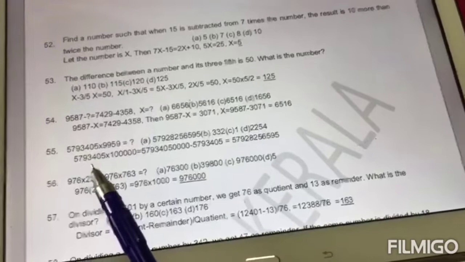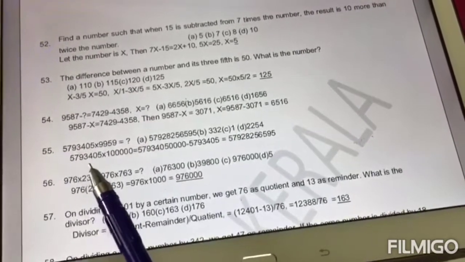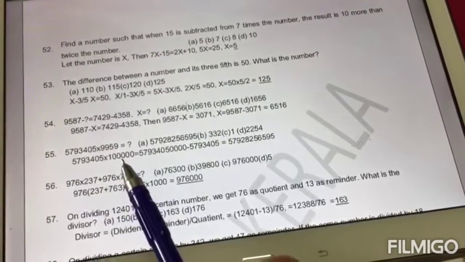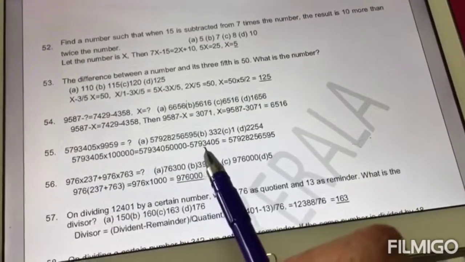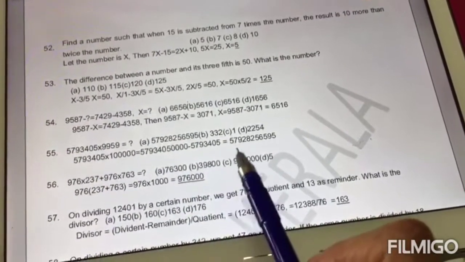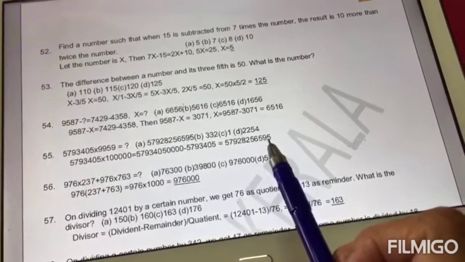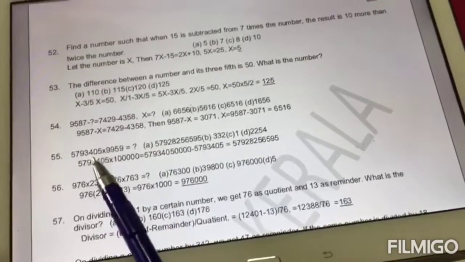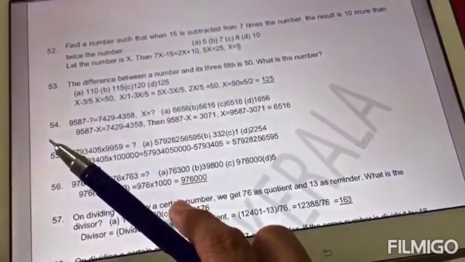So what is a shortcut way? Shortcut way is simply 5793405 into 1 lakh minus 5793405 will give you this number, and that will be your answer, because it's a huge number, 5793405 into 9959.